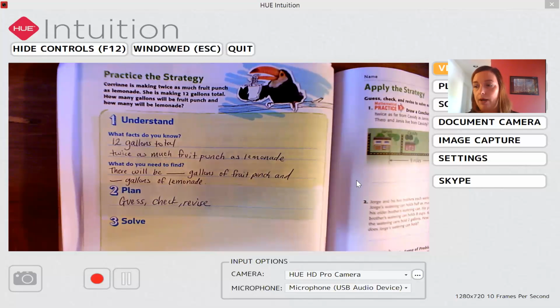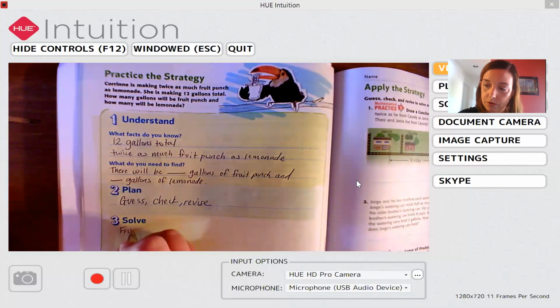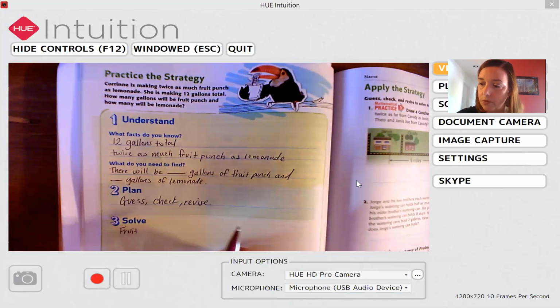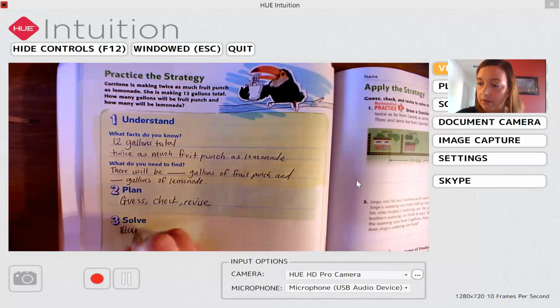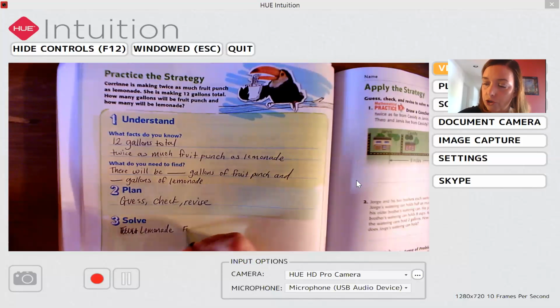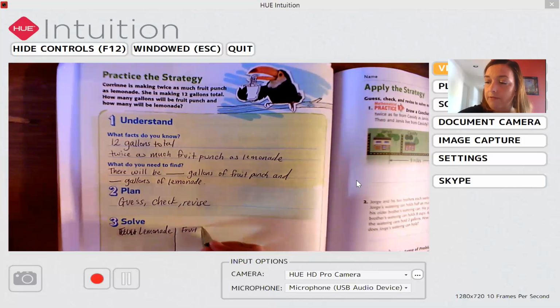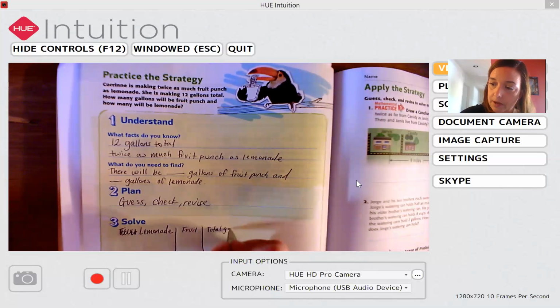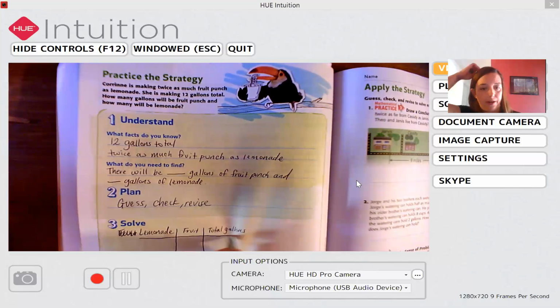So I'm gonna make a table like they did. So fruit punch. Oh, actually I'll start with lemonade because there's less lemonade. Okay, so it's gonna be lemonade, and then fruit punch will be 2 times whatever amount we choose for lemonade. And then we're going to have to find the total gallons. Okay, so I'm gonna make my table there.